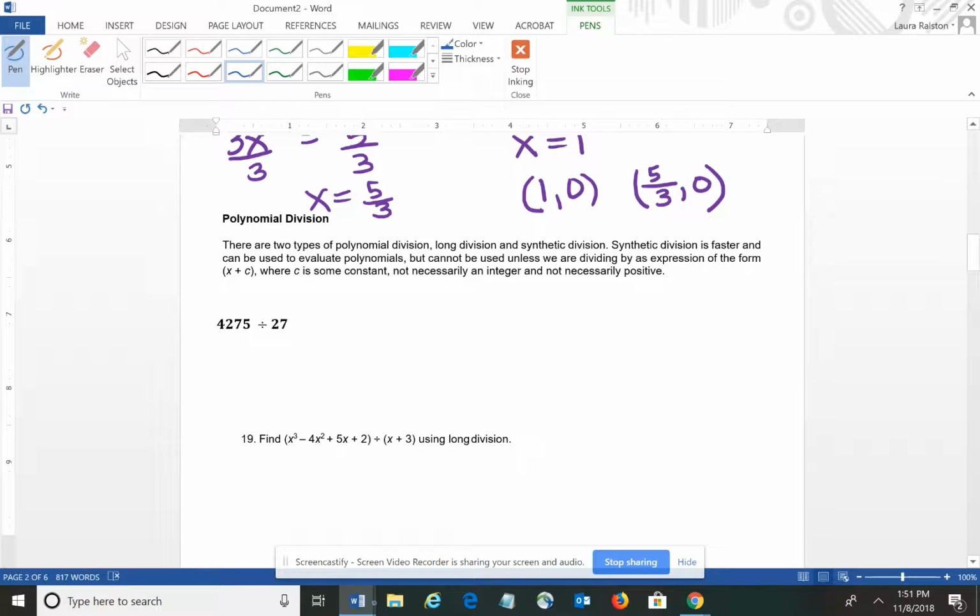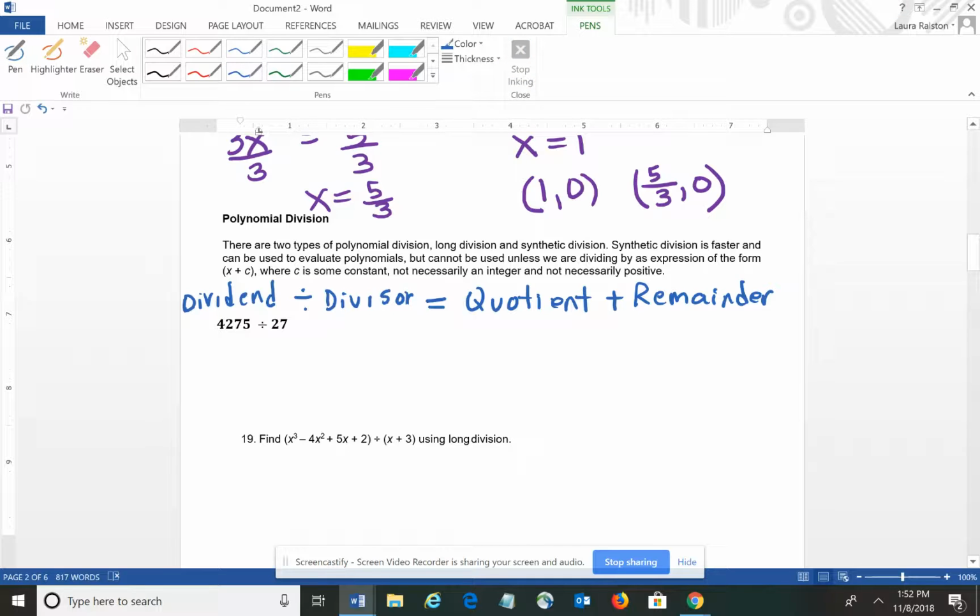The first number is called the dividend, and it's divided by 27, which is the divisor. The result you get is called the quotient, and you may or may not have a remainder.